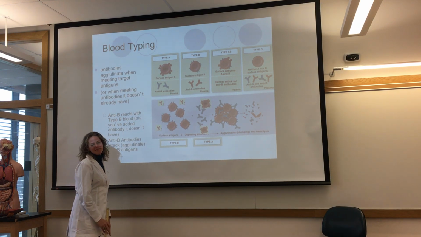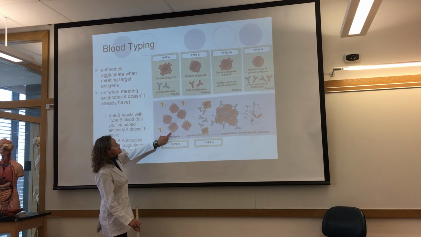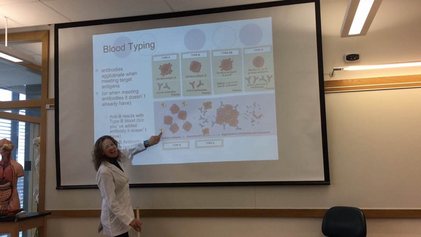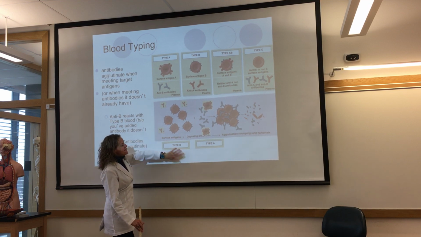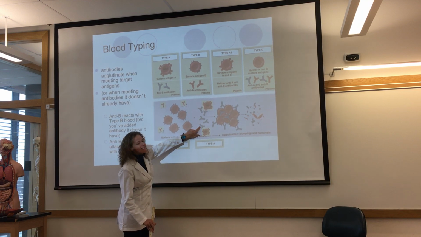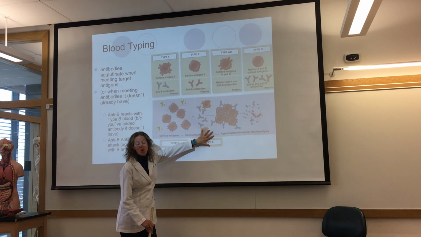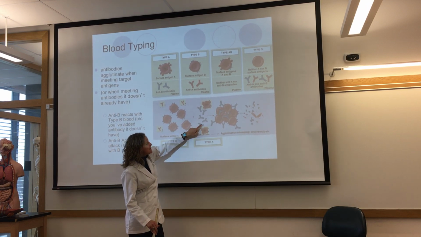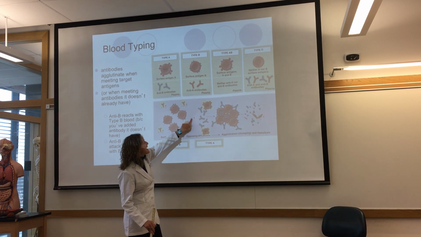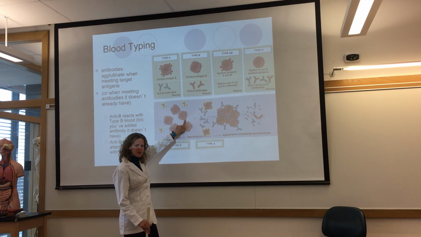Let's look more detailed, okay? Type B. We know the type B blood type has the B antigen on the red blood cell surface and the anti-A antibody. Type A has the A antigen and the anti-B antibody. If we mix them, what's going to happen is the antibody from one blood type will attach to the matching antigen on the other.